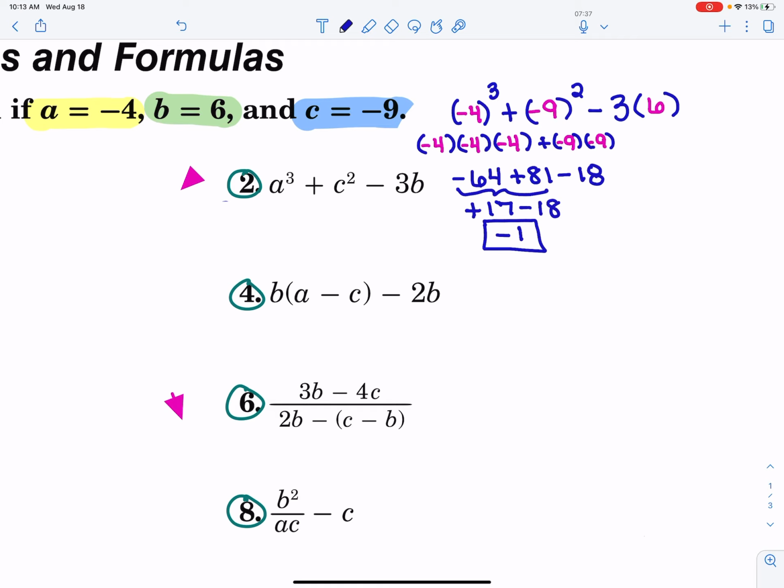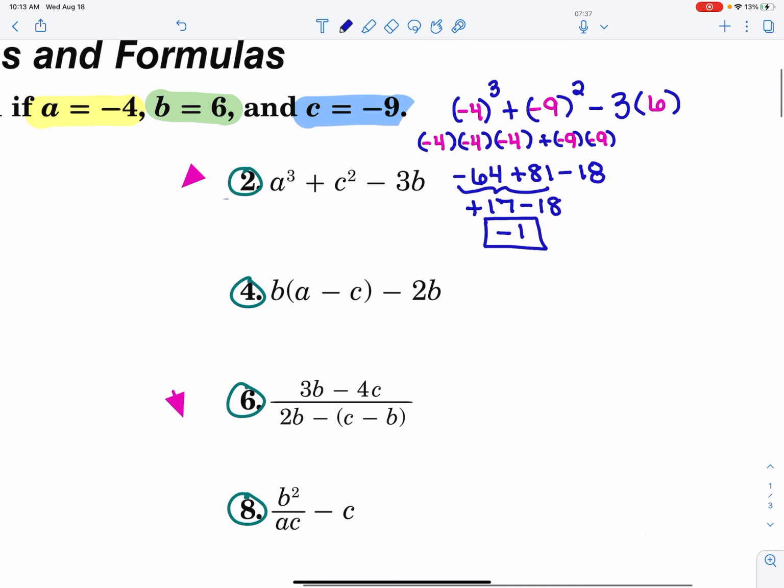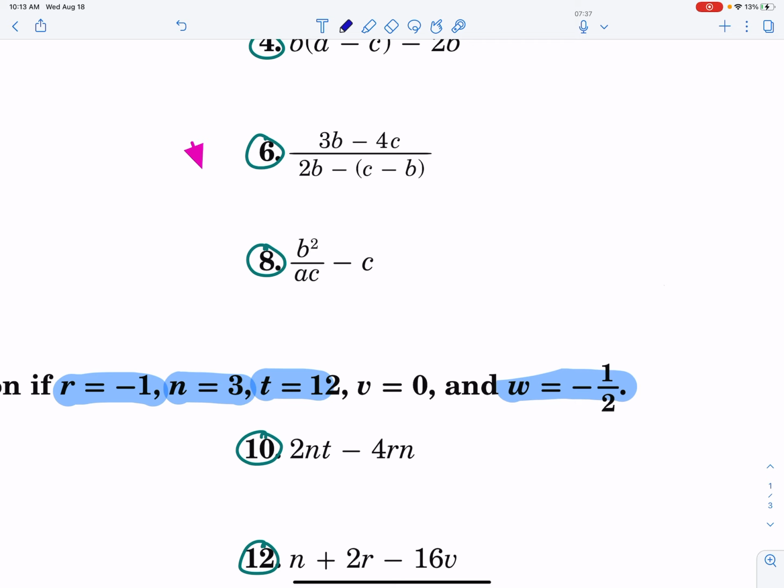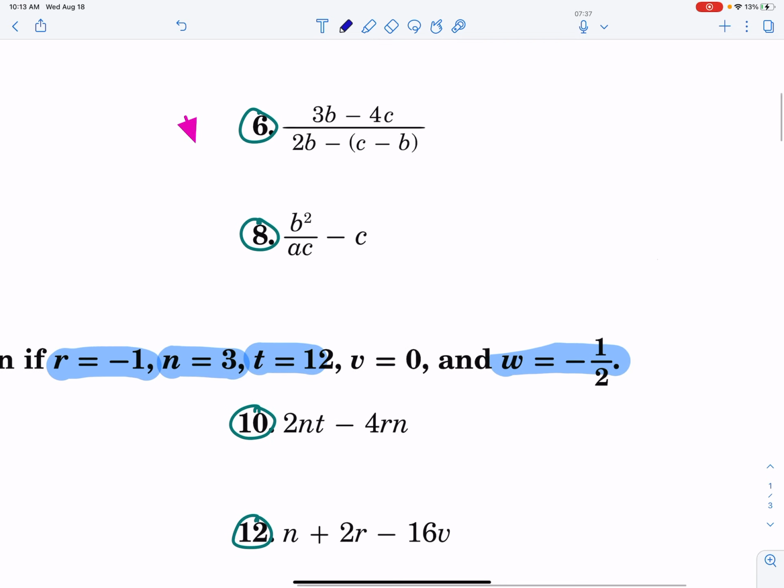All right, so now let's go down to number 6, which is a fraction, our favorite, right? So let's go down to that one. Doing that same process. So here I have 3 times B minus 4 times C, and that's going to be over 2 times B minus.